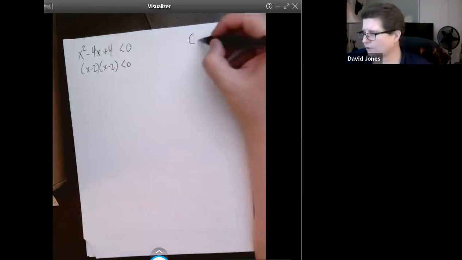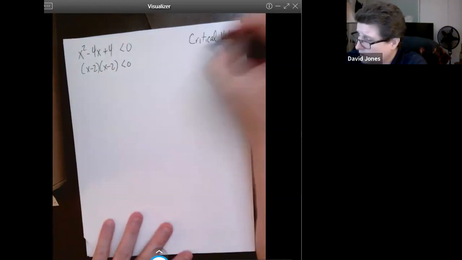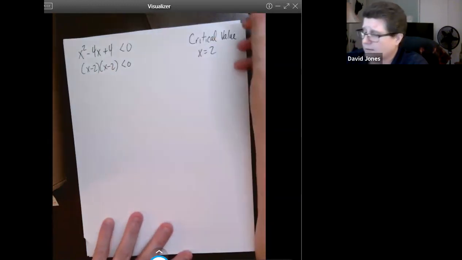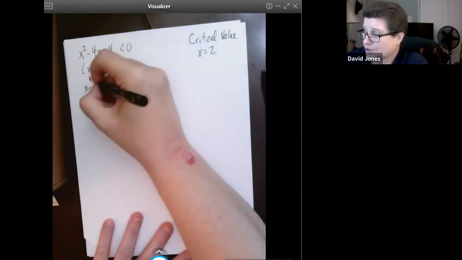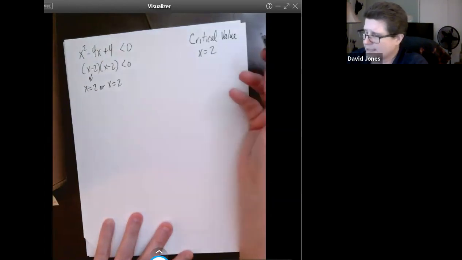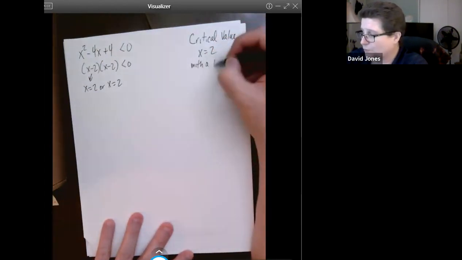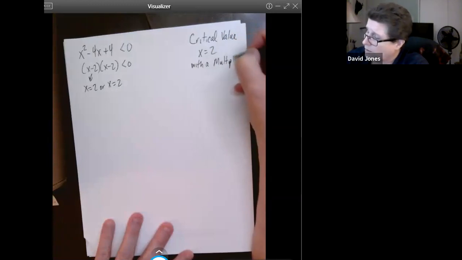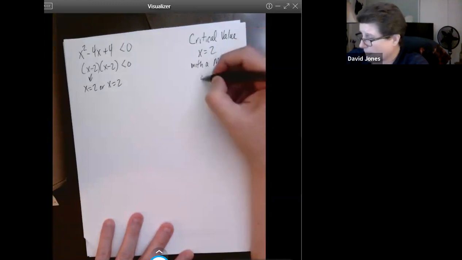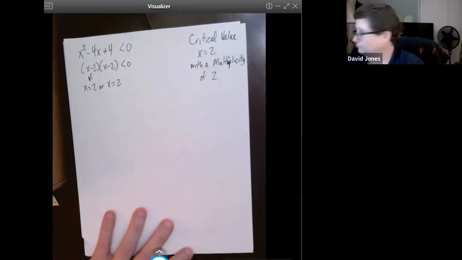My only critical value is x equals 2. These both lead to x equals 2. We say this is x equals 2 with a multiplicity of 2. Multiplicity means how many times does it repeat?